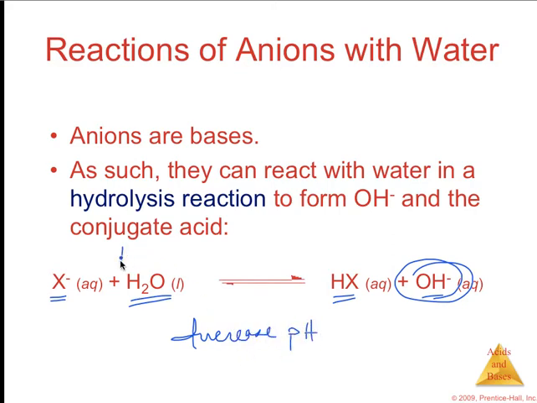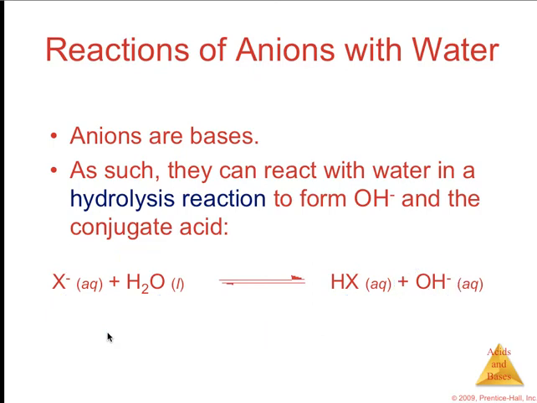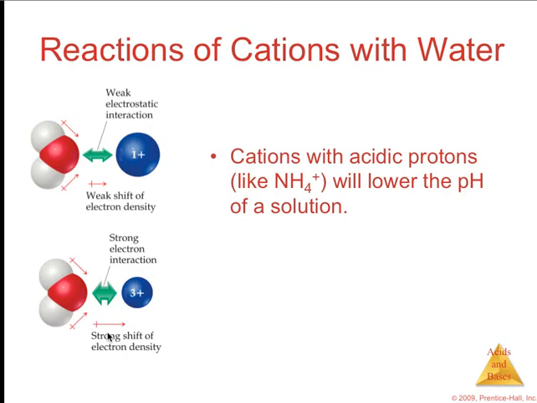Remember, you can think of water as being HOH. Okay, cations. Cations with acidic protons, like NH4 plus the ammonium ion, are going to lower the pH of the solution.